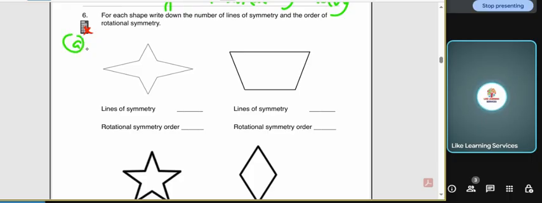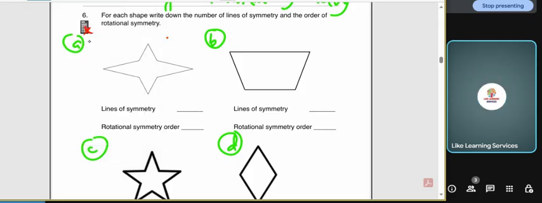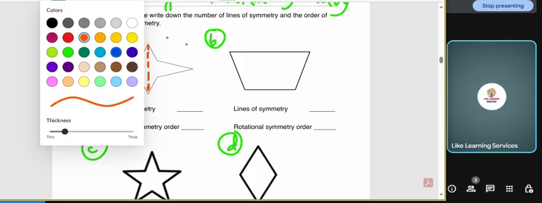Let me call them A, B, C, and D. Are you sure this one has 4? Be close to your mic. 2. Okay, let's even check. This is 1. Let's see another one. Let me use a different color. This is 2.